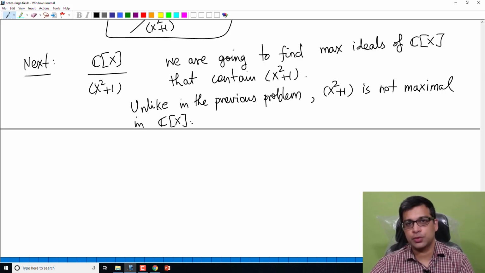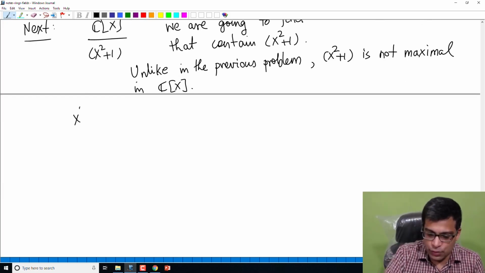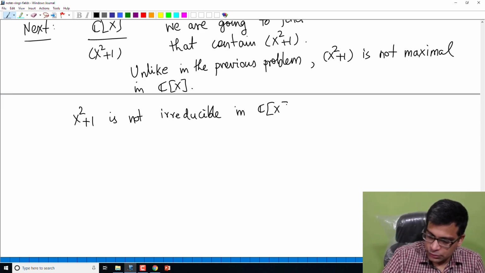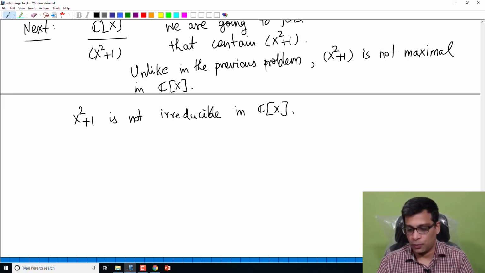A principal ideal generated by a polynomial f is maximal if and only if f is irreducible. Now the point is x squared plus 1 is not irreducible in C[x]. This is the difference between real numbers and complex numbers.